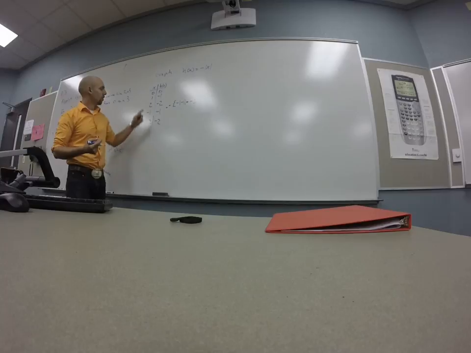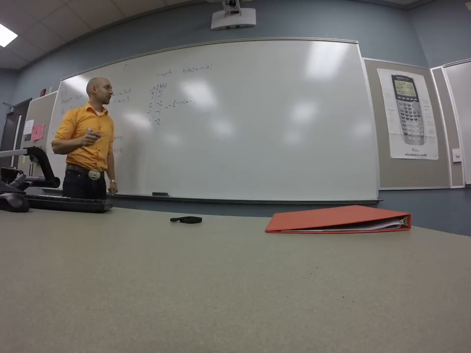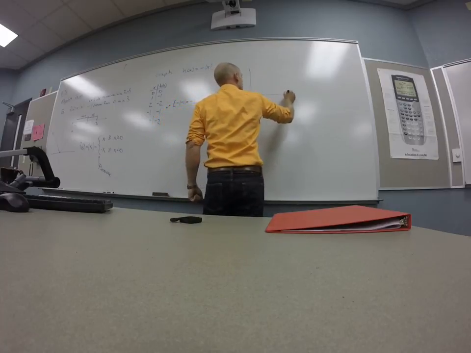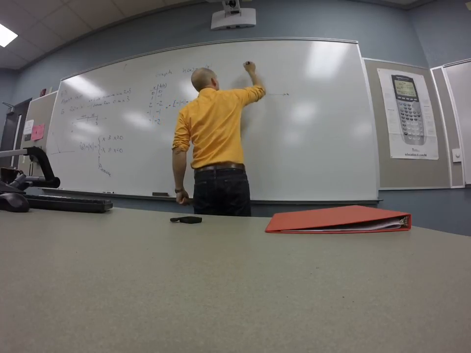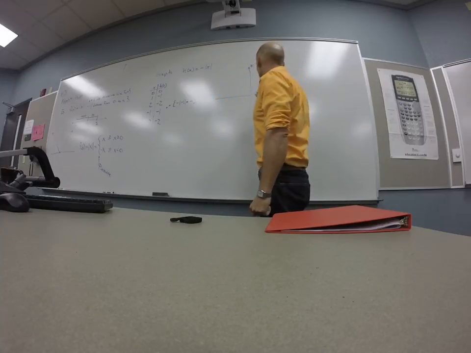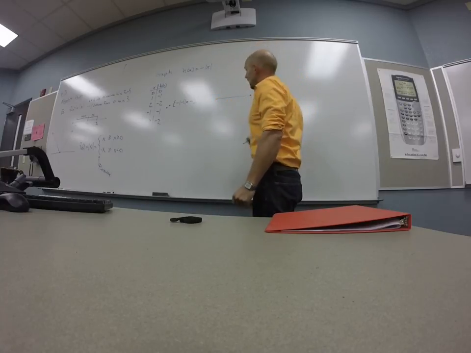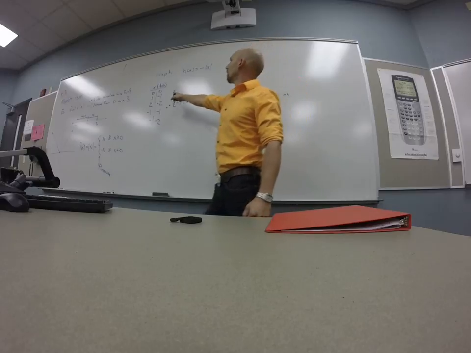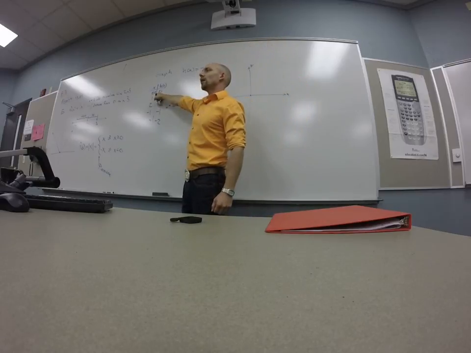So, what do I think this thing looks like? Some axes, right? Zero is both an input and an output, right?